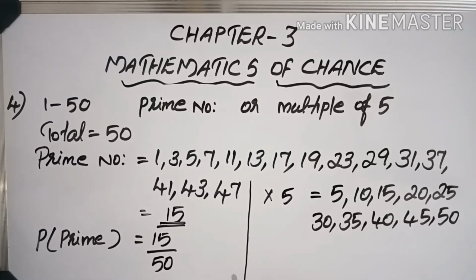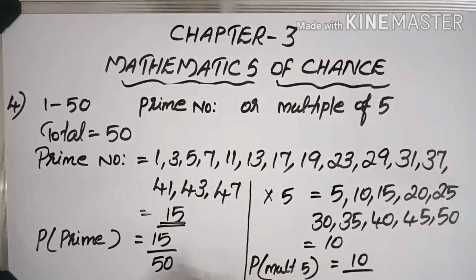How many numbers are there? 1, 2, 3, 4, 5, 6, 7, 8, 9, 10. So total 10 numbers are there. The probability of getting a multiple of 5 is favorable, 10, out of 50. So the probability is 10 by 50.